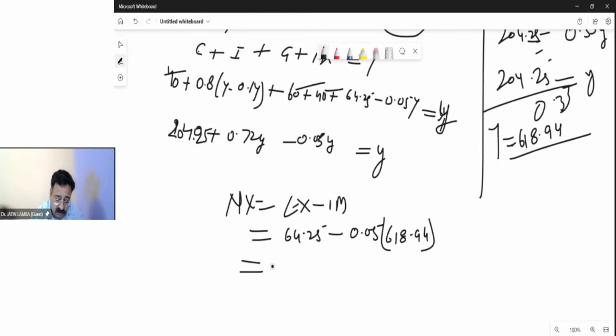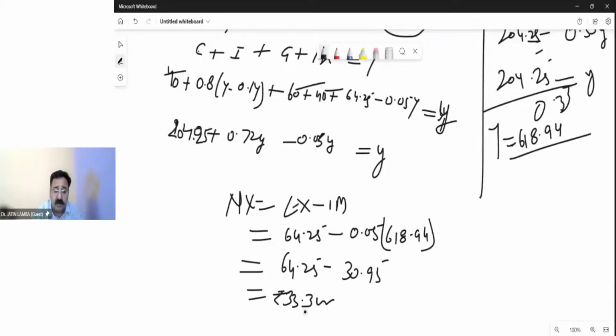Into 0.05 that is 30.94798, let us take 64.25 minus 30.95, that is 33.3. So net export is this, right?